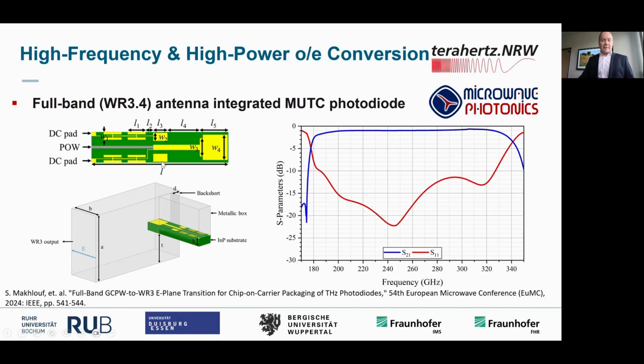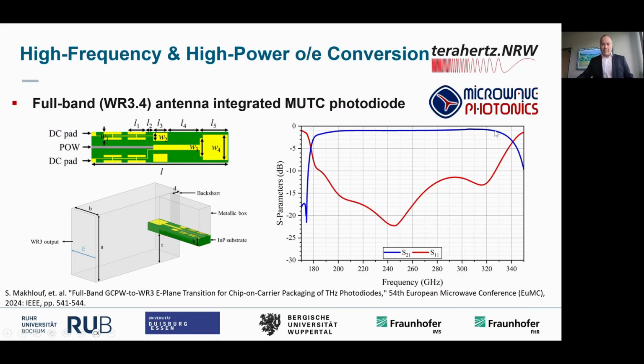And what you see here is everything which is required in order to radiate the generated output signal to a rectangular waveguide. It also contains filter structures for the biasing of the photodiode and some other functions. You see on the right-hand side the performance of this antenna over a certain frequency range, and you see we can cover a huge frequency range. Here, this is even more than a full band.